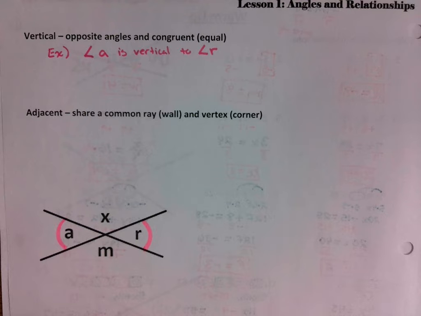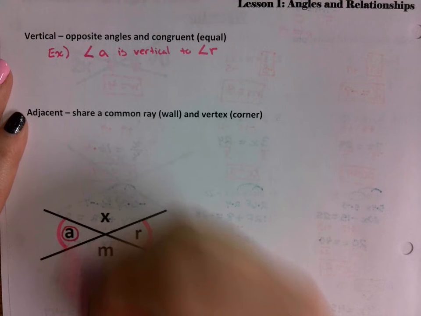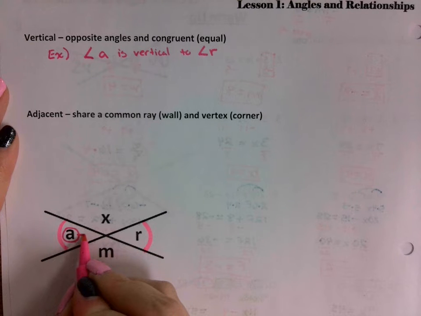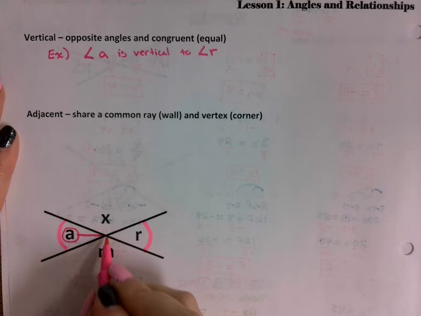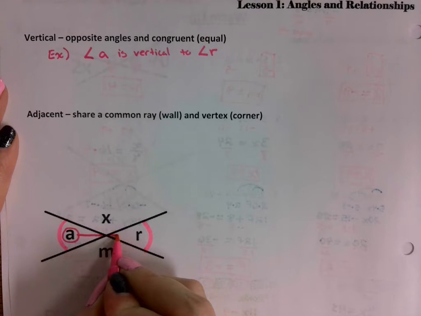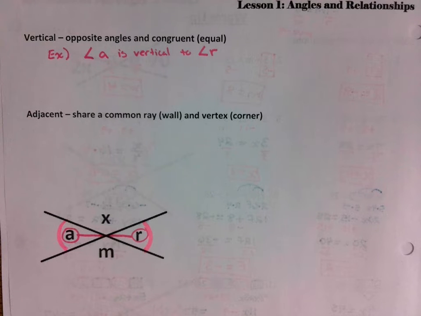So the easiest way I can describe it is if you were to identify the angle and draw a line straight towards the vertex, which is the corner piece, and then continue that straight line, it's going to end up at the next angle. That straight path, it has to be a straight path that connects the 2 angles together through the vertex.